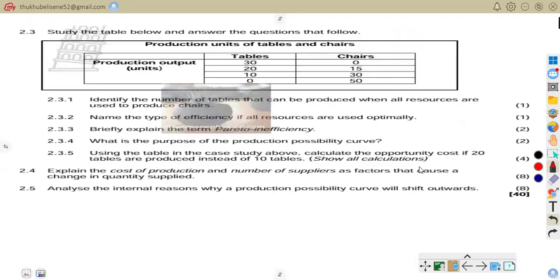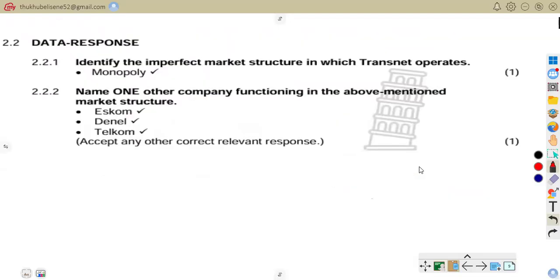So in our answers, the imperfect market structure in which Transnet operates is monopoly. You can talk of Eskom as well, as the only seller of electricity. With Transnet, we are talking about rail transport. That is why they fall under imperfect market.